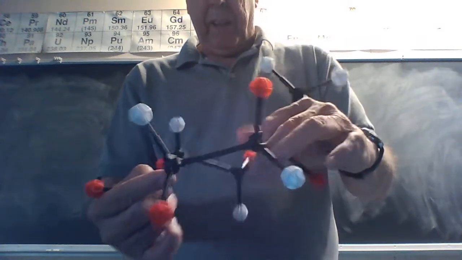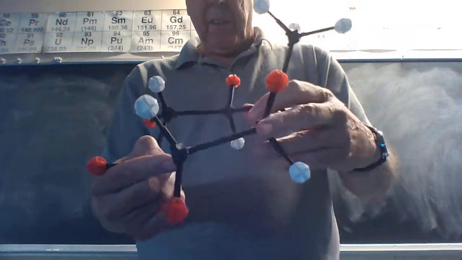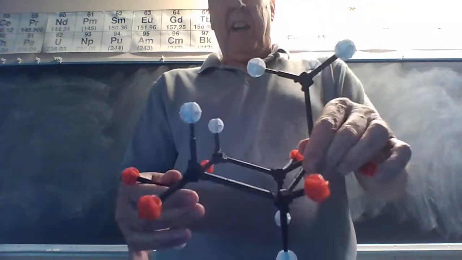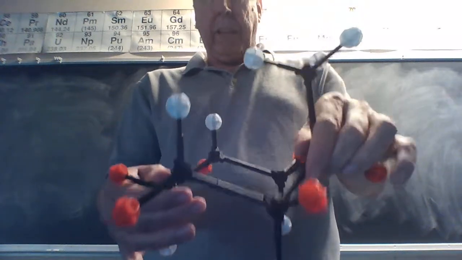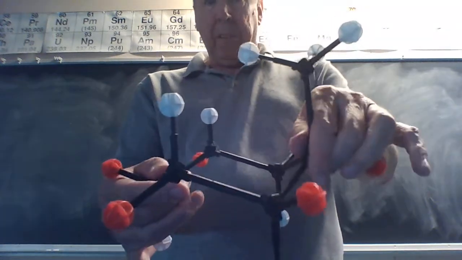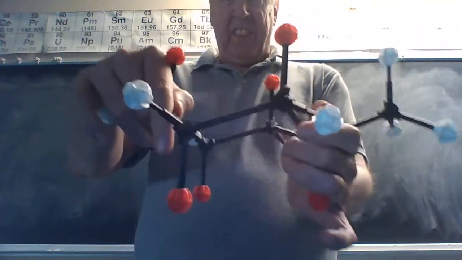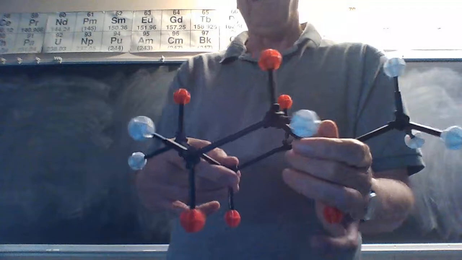So methyl is, let me get it back to another chair, the axial methyl is 1.8 kilocalories per mole higher in energy than the equatorial methylcyclohexane.